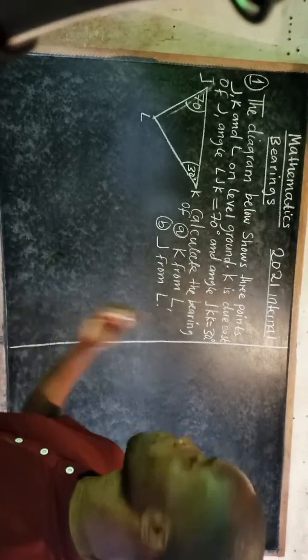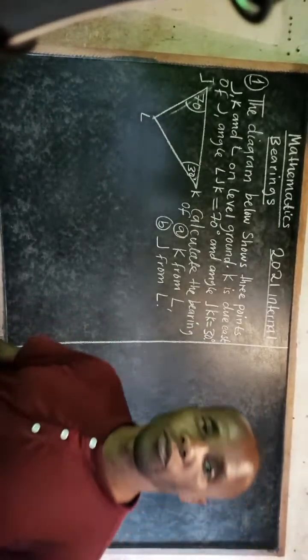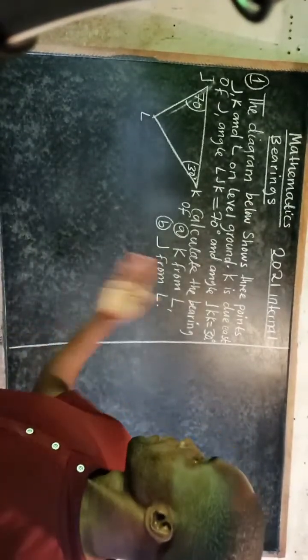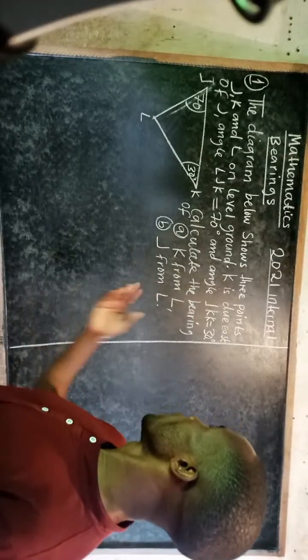Okay, so let me run you through the question, and thereafter we are going to see how we can do it together. The diagram below shows 3 points, J, K, and L, on the level ground.